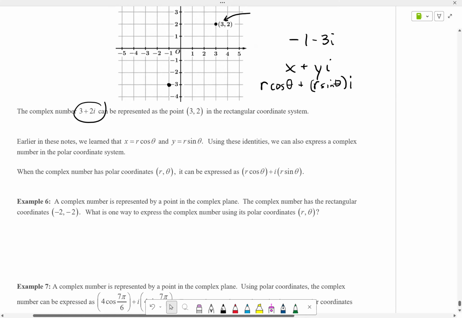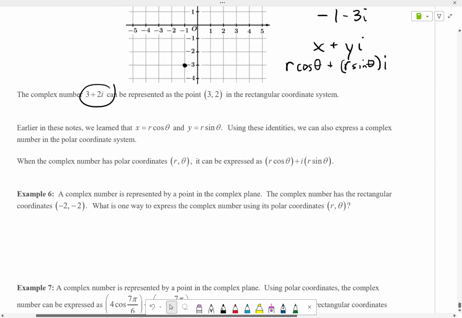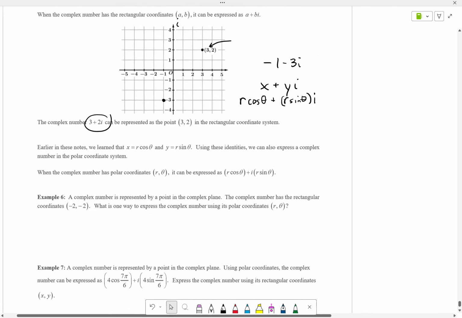So I think we have just enough time to get through these examples. Example 6: a complex number is represented by a point in the complex plane. The complex number has rectangular coordinates -2, -2. Okay, so that would be -2 plus 2i. Oh, thank you, -2i. Good catch. That's negative.